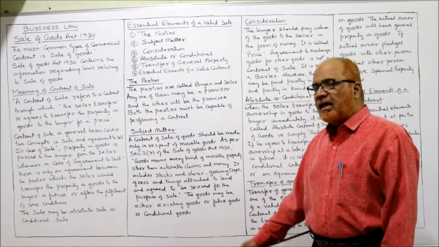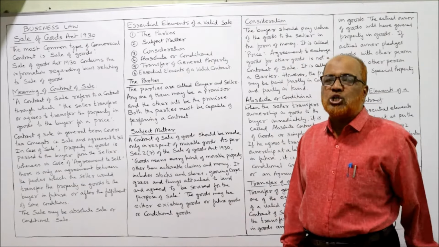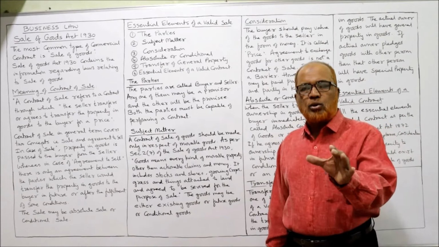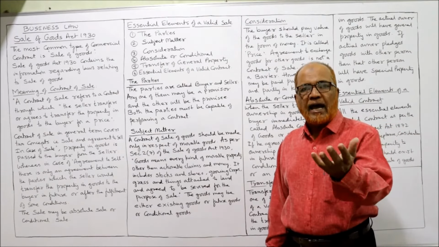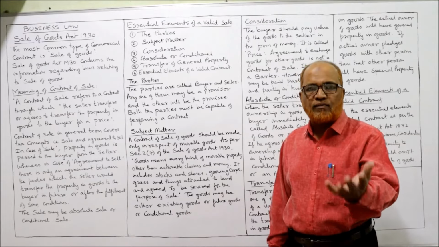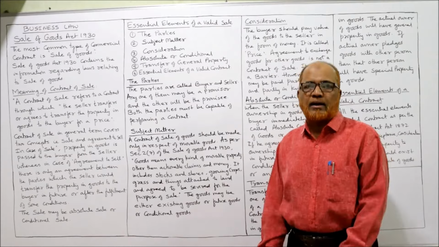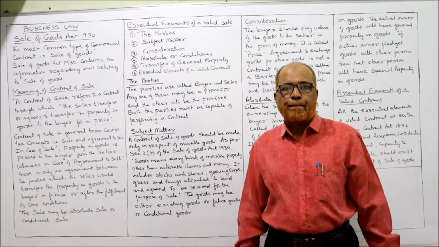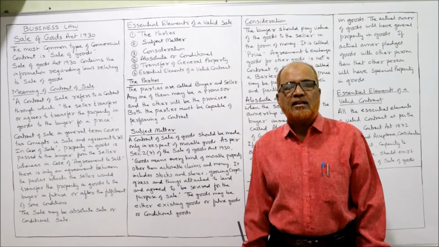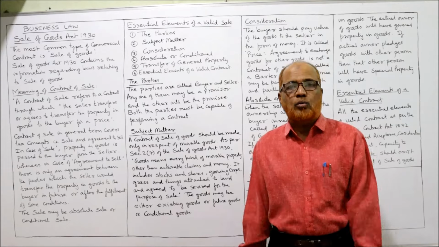Then the goods may be either existing goods, future goods or contingent goods. Existing goods means the goods which are at present in the hands of the seller, existing at the time of entering into the contract. For example, if you go to purchase a washing machine, it is already there in the showroom, before the buyer and seller. So it is existing goods.